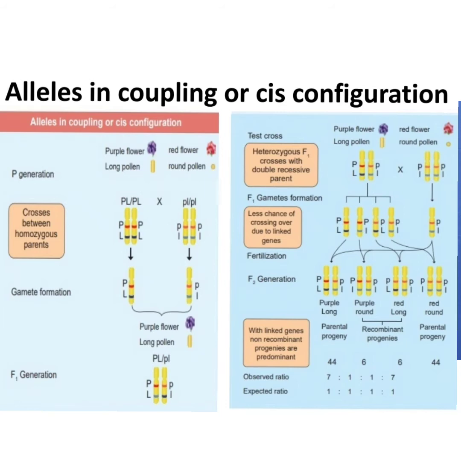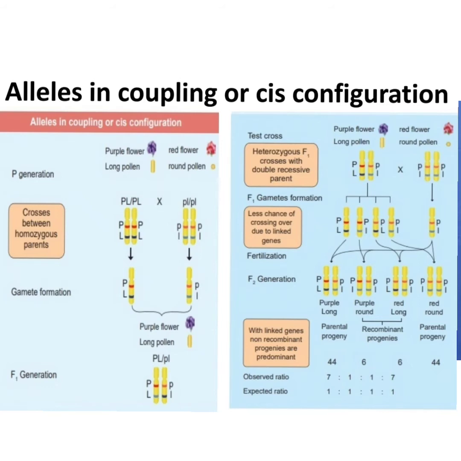The gametes formed by the purple flower with long pollen are capital P, capital L, and the gametes formed by the red flower with round pollen are small p, small l. The F1 generation formed has purple flower with long pollen. The genotype is capital P, capital L and small p and small l, where capital P and capital L are present in one homologous chromosome and small p and small l in the other.